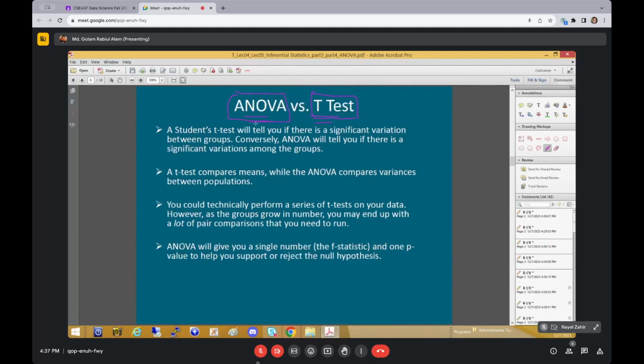But if we have more than two groups, then we have to apply ANOVA. The t-test will tell you if there is a significant variation between groups. Conversely, ANOVA will tell you if there is a significant variation among the groups, that means more than two groups.